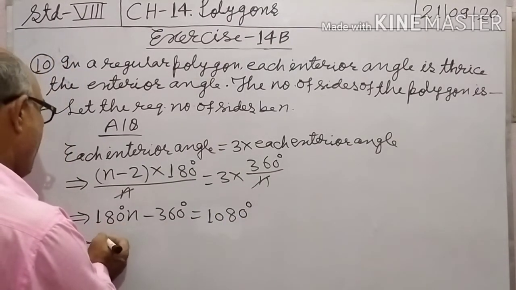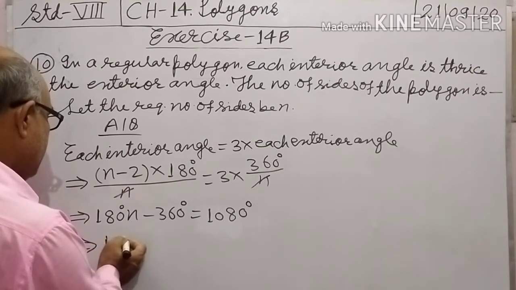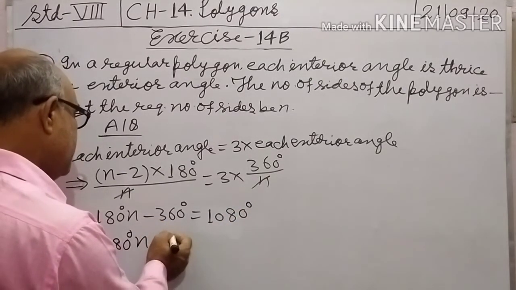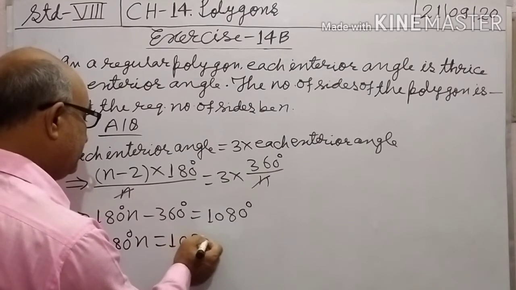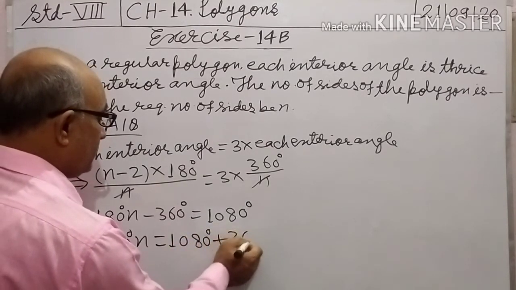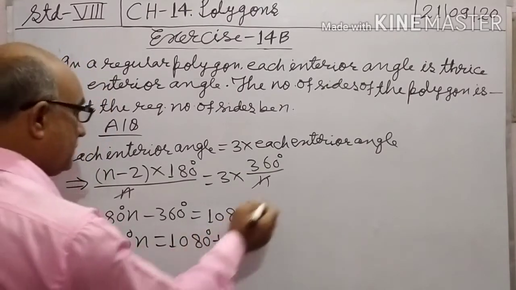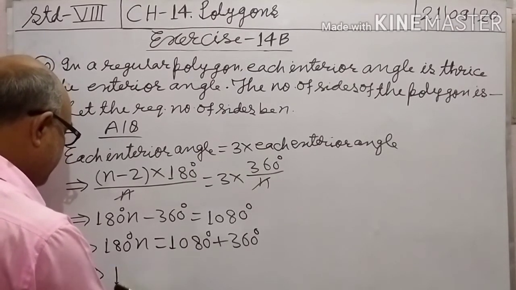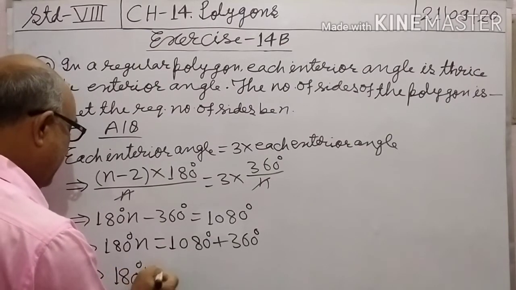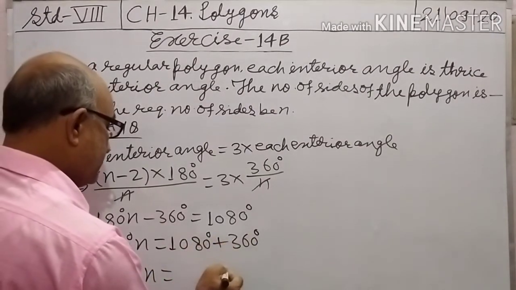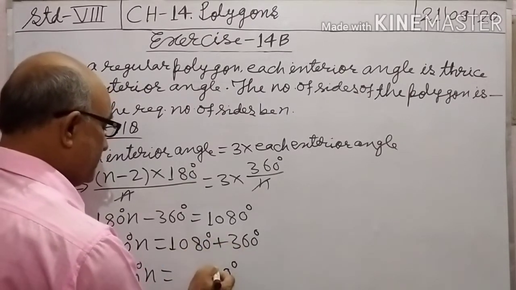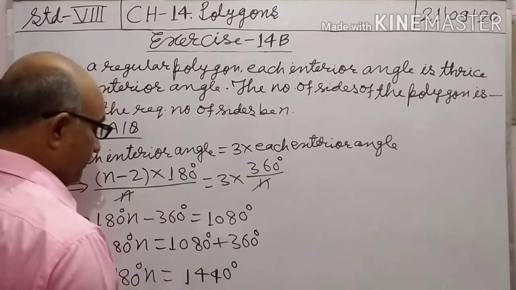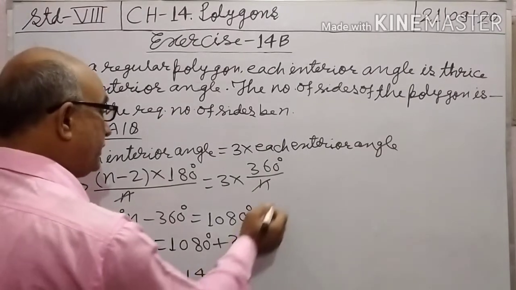Now 180 degree n equal to 1080 degree by transposition plus 360 degree, that implies 180 degree n equal to 1440 degree.